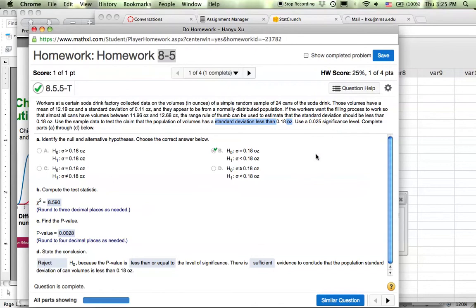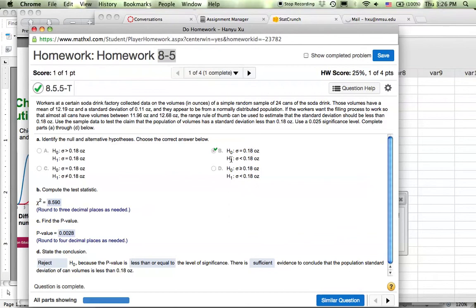Okay, so for this one, first we need to know what is the null and alternative hypothesis. Because the thing they are interested in is whether the standard deviation is less than 0.18. So you know that the null hypothesis will always have the equal sign. So that should be sigma equal to 0.18.